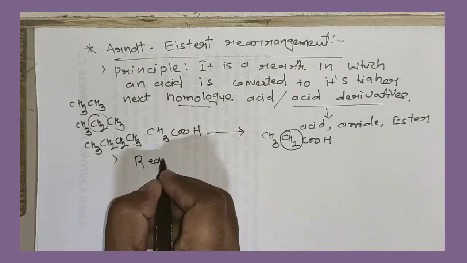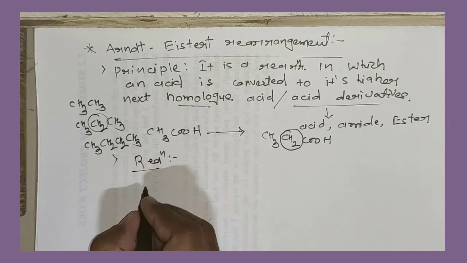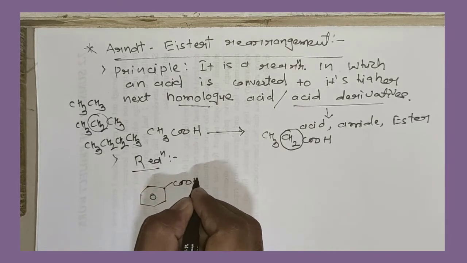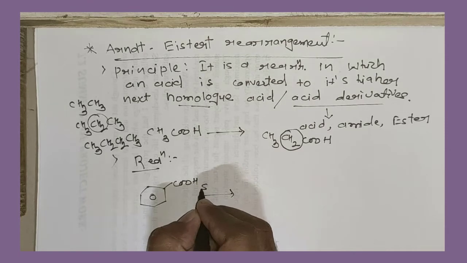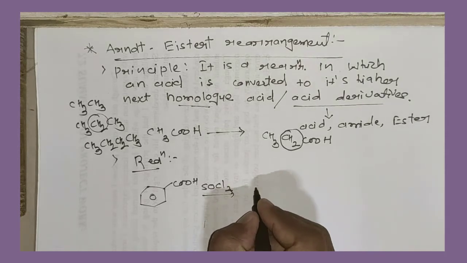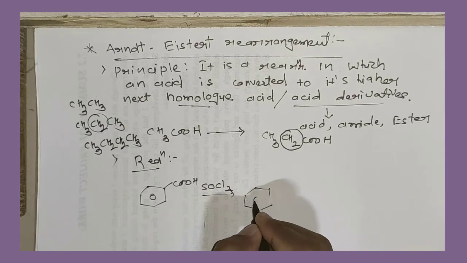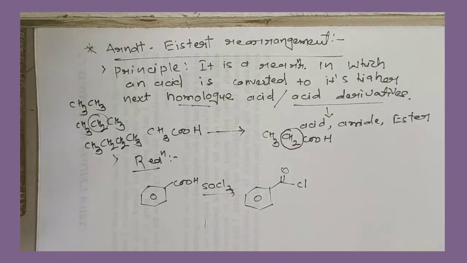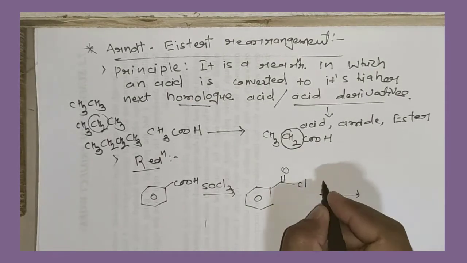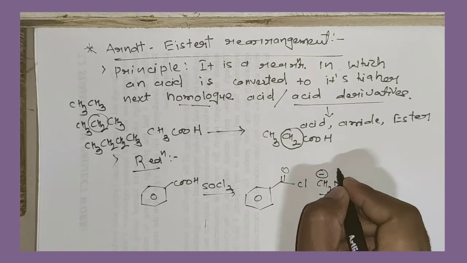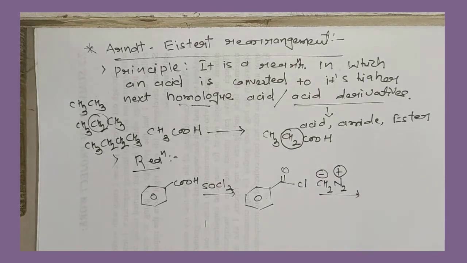If we discuss the reaction part, let me take one simple example. For example, benzoic acid. First it reacts with SOCl2, which is known as thionyl chloride. So acid on reaction with SOCl2 is first converted to benzoyl chloride, which on reaction with diazomethane, CH2N2, gives the intermediate.